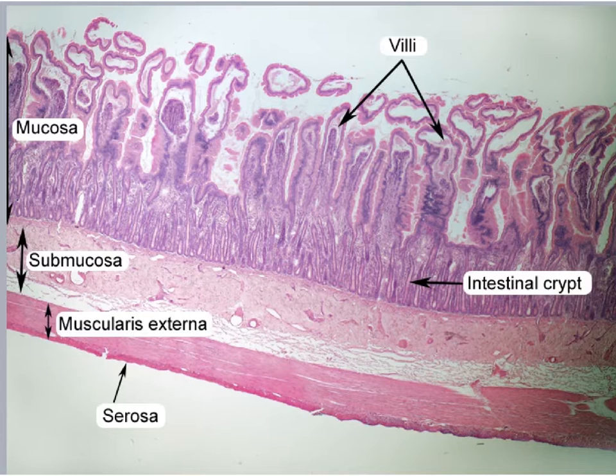If we look at the layers that we find in the gastrointestinal tract, all layers are found here in the small intestines as well. So you've got the mucosa, and remember, it would have 3 sublayers to it, although all 3 are not very obvious.